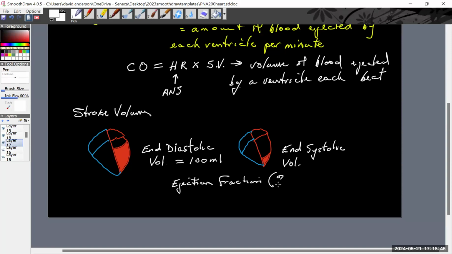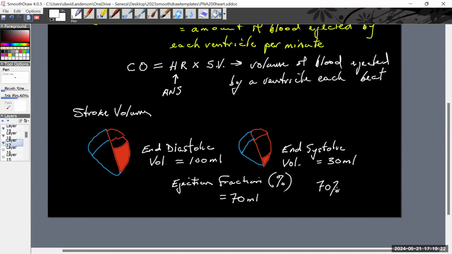It is sometimes referred to as a percentage, but it's based on our example here: we're going to leave behind about 30 milliliters. So our ejection fraction was 70 milliliters. And if we describe that ejection fraction as a percentage, it was 70%.